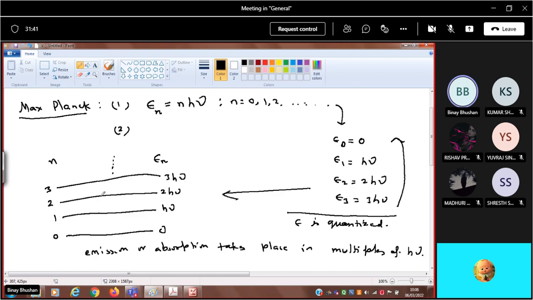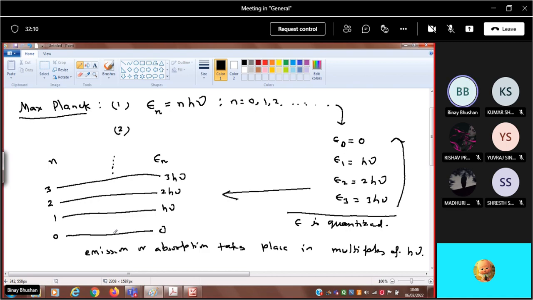How? Suppose an oscillator is in the first energy level and it goes to the zeroth one, then the difference of energy is h nu minus 0. So it will emit radiation of energy h nu. If it goes from, say, the third level to the zeroth level, then it will emit radiation of energy 3h nu.